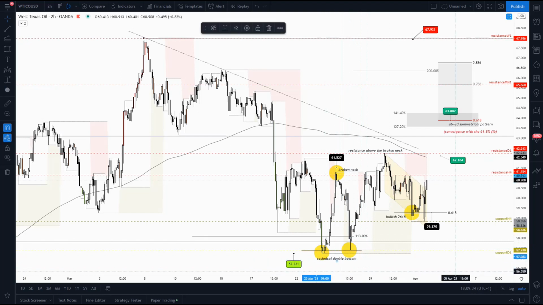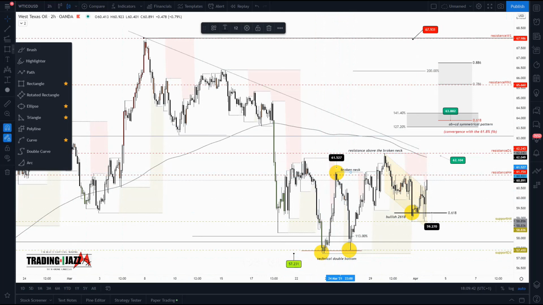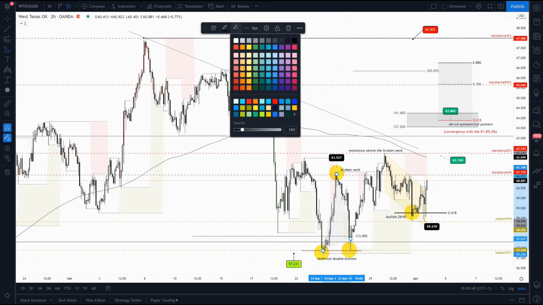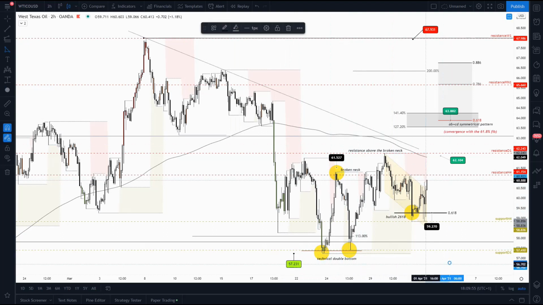We have also that pattern validated with a broken neck. So we identified that V shape between those lows, so we identified our technical double bottom. And what is a technical double bottom?